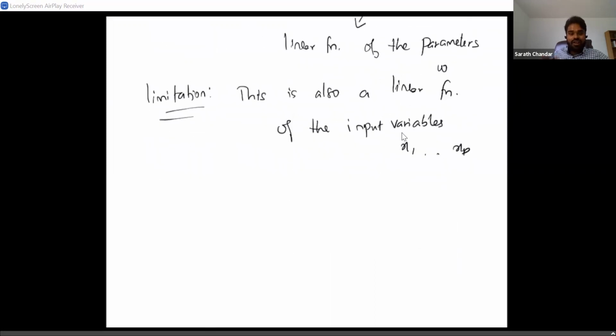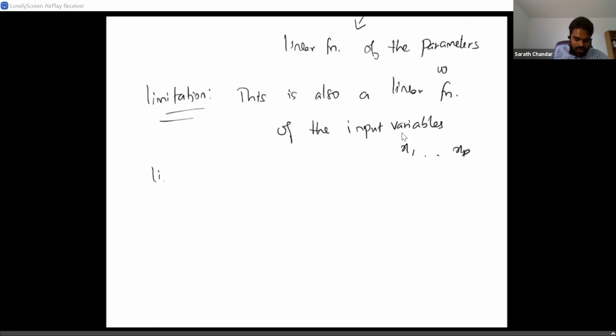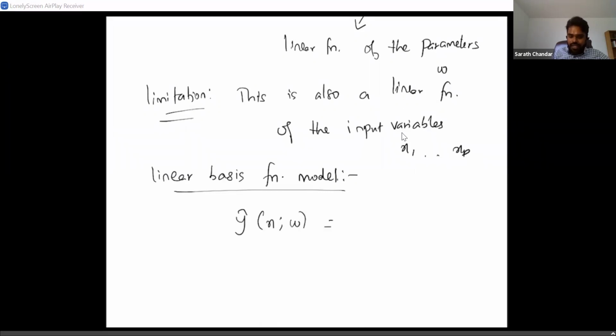Now we can actually generalize that idea into what is known as the linear basis function models. The idea of a linear basis function model is we are going to have this new model, which is W0 plus summation over j equal to 1 to m minus 1 of wj phi j of x.